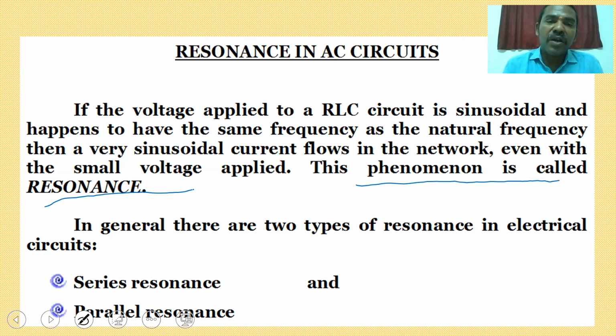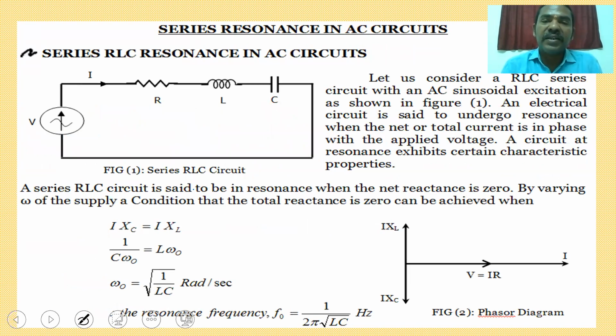Okay. While going for the series condition of resonating AC circuits, I have taken R, L, C connected in series with an AC voltage of V volts. A current of I amperes will flow through the circuit. Generally, whenever at a frequency XL is equal to XC, or the voltage drop across the inductor is equal to the voltage drop across the capacitor, then the circuit will be resonated.